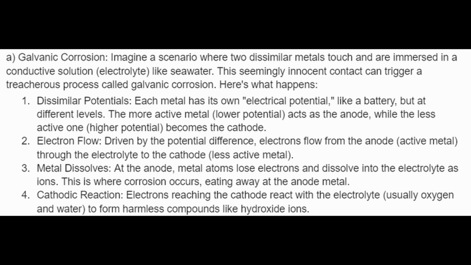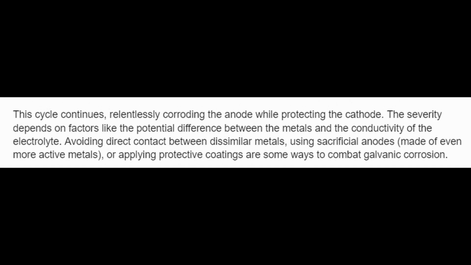4. Cathodic reaction. Electrons reaching the cathode react with the electrolyte, usually oxygen and water, to form harmless compounds like hydroxide ions. This cycle continues, relentlessly corroding the anode while protecting the cathode.